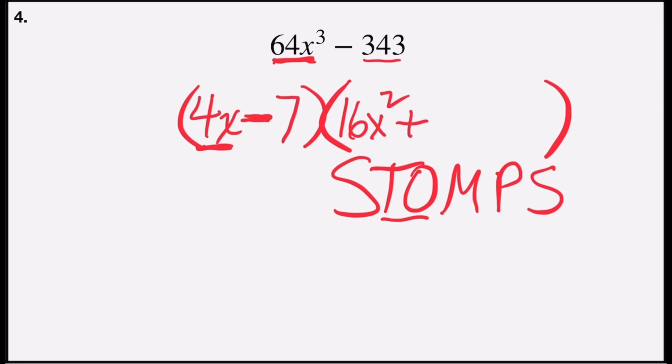M stands for multiply, 4x times 7 is 28x. P stands for positive, this is always a plus sign. And the last S again stands for square, 7 times 7 is 49. And so my answer would be 4x minus 7 times 16x squared plus 28x plus 49.